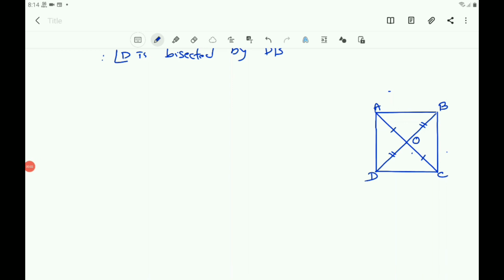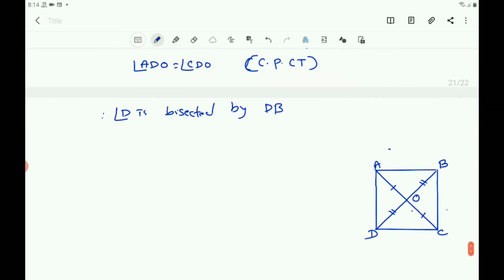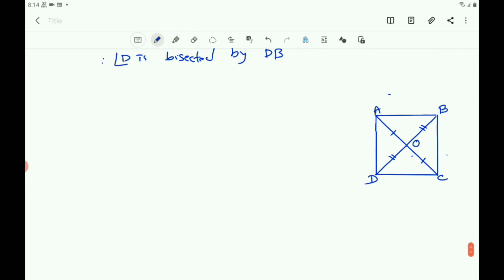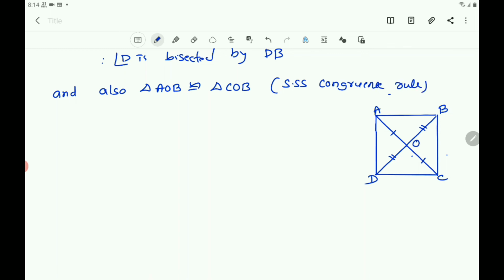Again, according to SSS congruence rule, triangle AOB is also congruent to triangle COB. Therefore, you can write angle ABO equals angle CBO, according to CPCT.